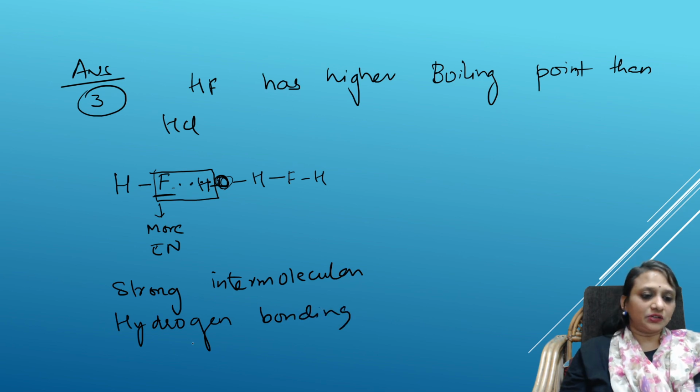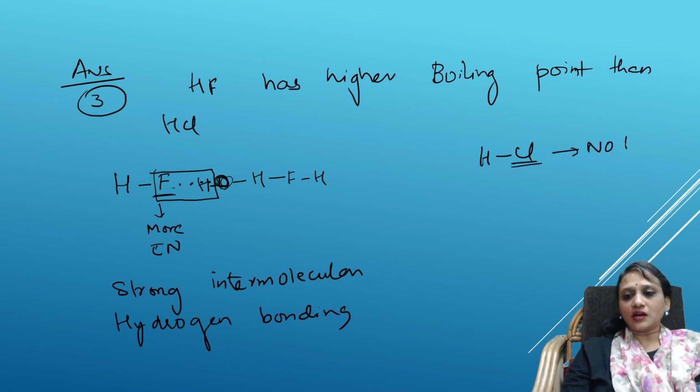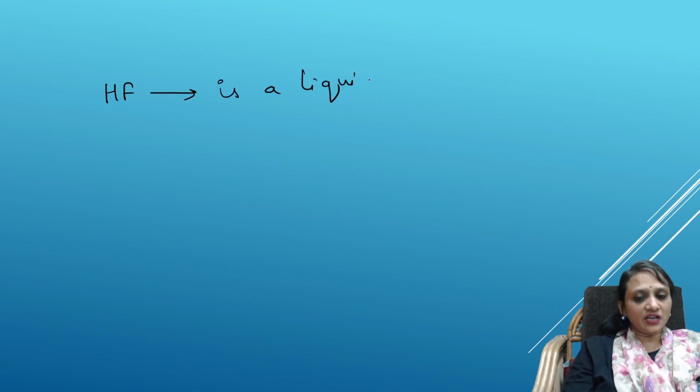Correct, students? Now here in this case, HCl. What happened in HCl, students? In HCl, there is no hydrogen bonding. Because of the strong intermolecular hydrogen bonding, HF is a liquid, because this is more electronegative.